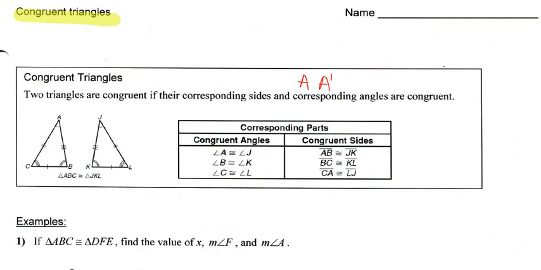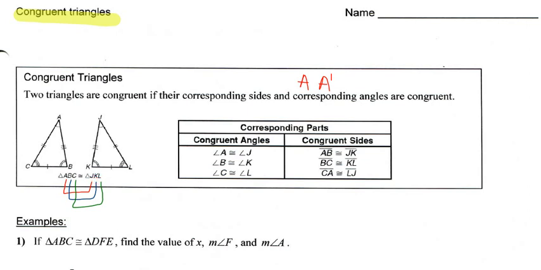So if you don't have the diagram marked as what we have here, which will help us to identify the corresponding parts, you can identify from the way it is named, because we will know immediately that A corresponds to J, B corresponds to K, and C corresponds to L. So if we talk about the sides now, the side that is named with the first two letters, AB, would be corresponding to the side that is formed by the first two letters on the other part, JK.